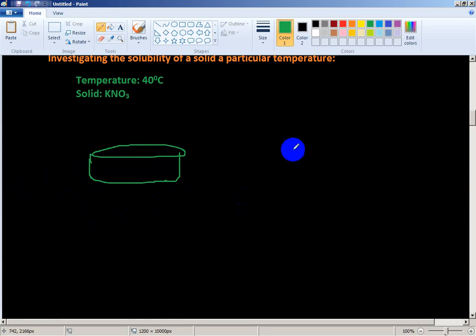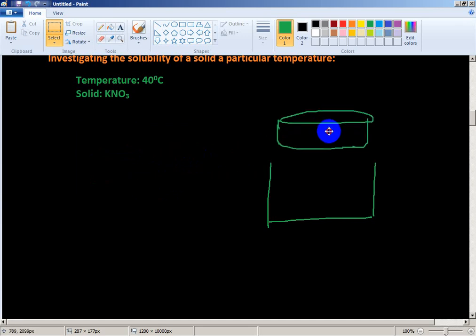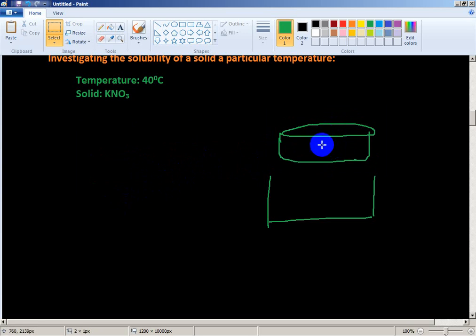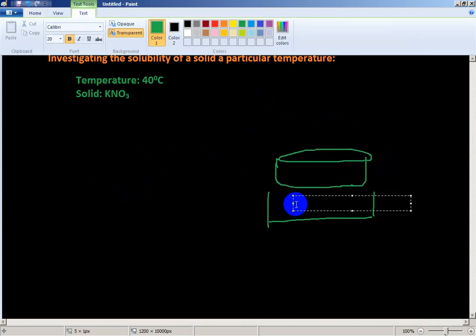At first you take this evaporating basin on a digital balance and take the reading.